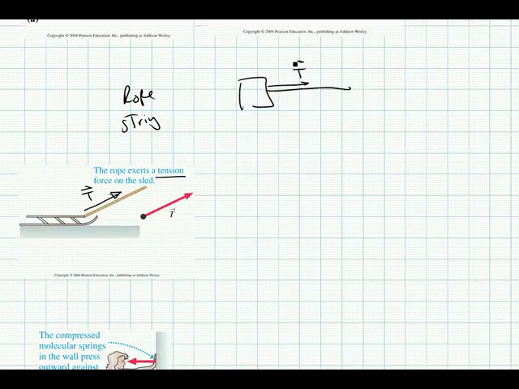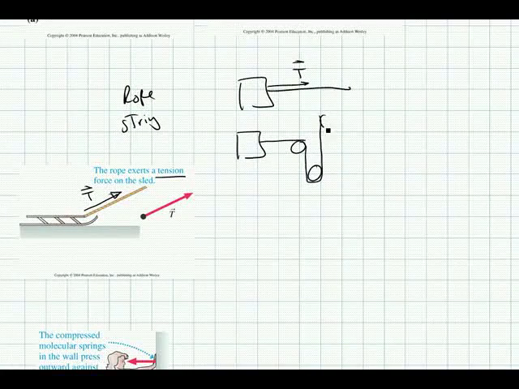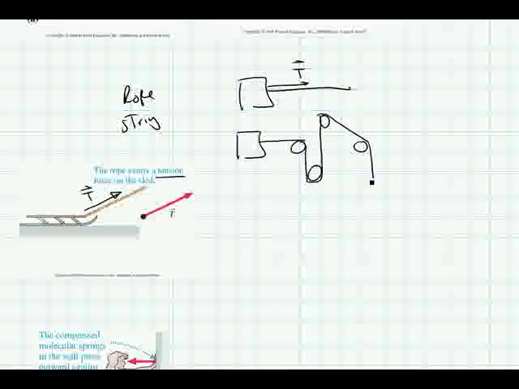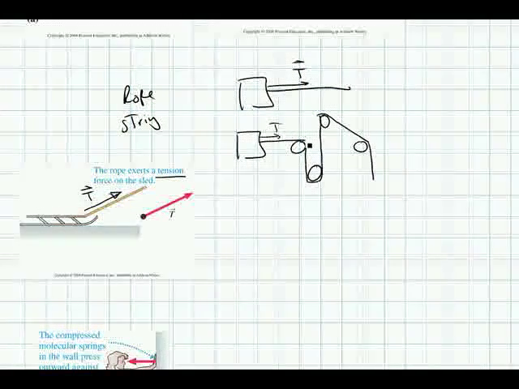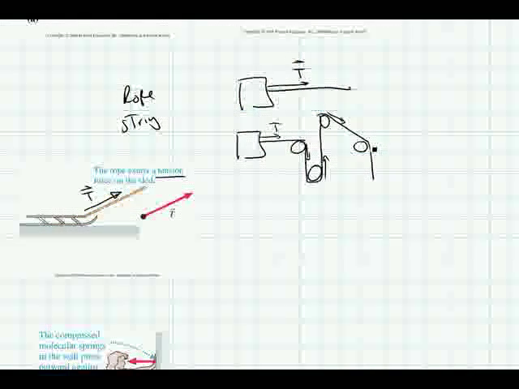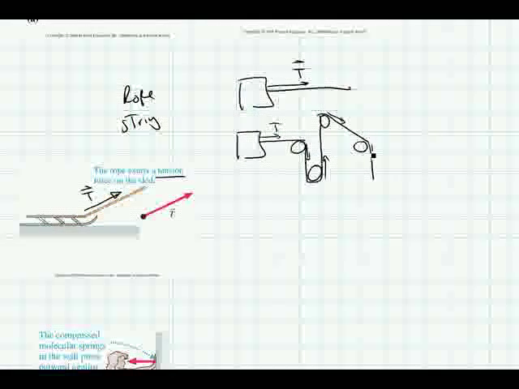And what else about tension? Oh yeah, if you have an object and you have a rope and then you have a pulley system that makes the string meander any which way, then the tension will of course follow the direction of the string or rope and will have the same magnitude throughout.